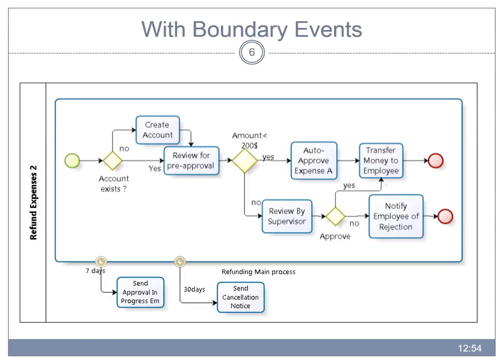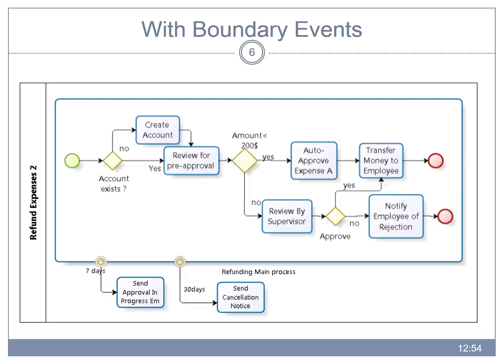The second attempt, or the second proposal to model this process, is to put the normal flow in a subprocess. This subprocess is captured in a box so that we can use it as scope delimitation for two events, an interrupting event and a non-interrupting event. The non-interrupting event is after 7 days, so it sends the approval in progress email and it doesn't stop the entire process.